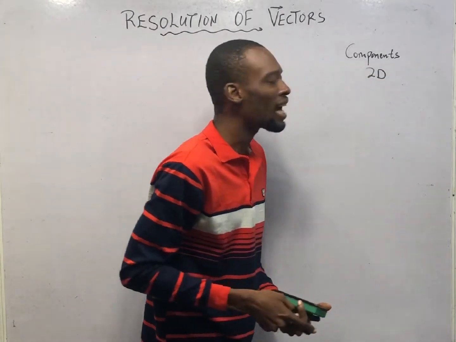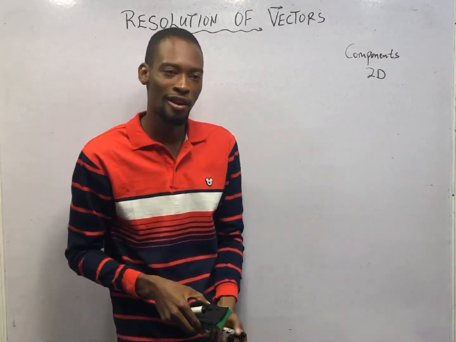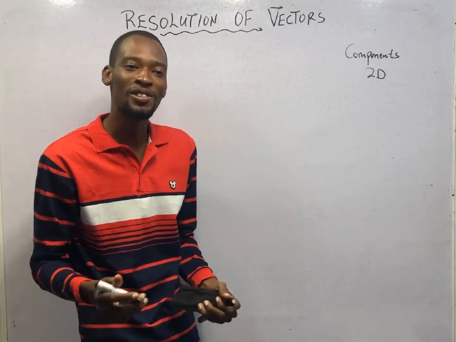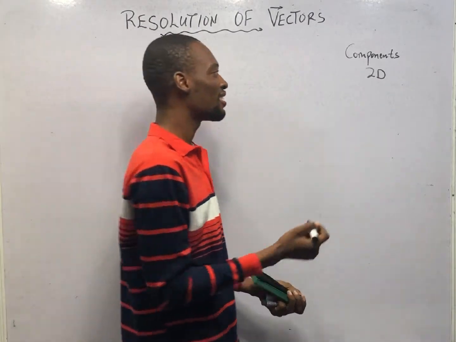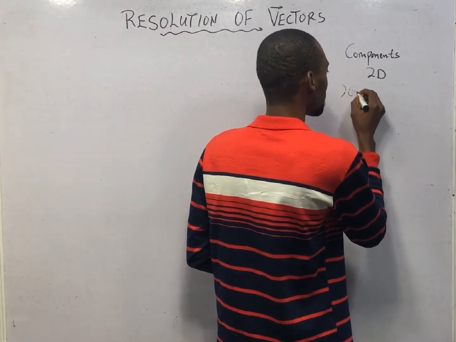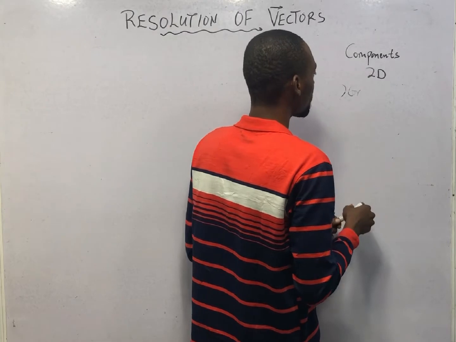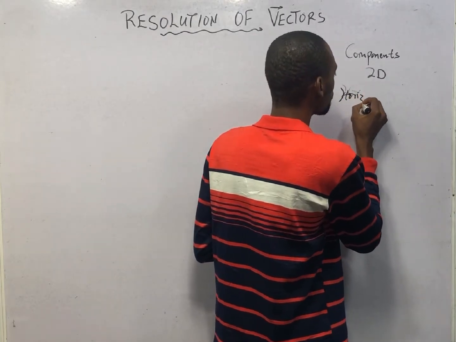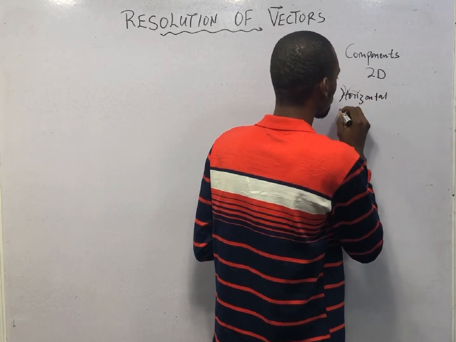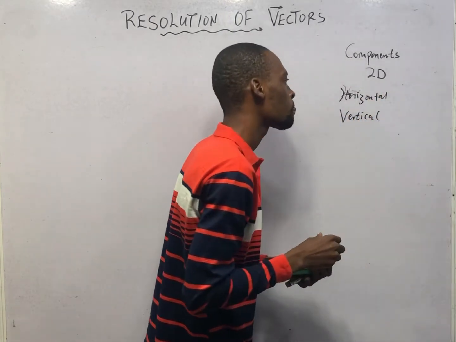And in 2 dimensions, we are focused on splitting vectors or resolving vectors into 2 components. And what are the components? They are horizontal and vertical.